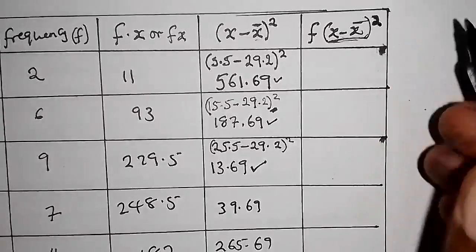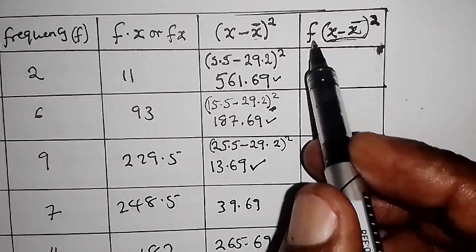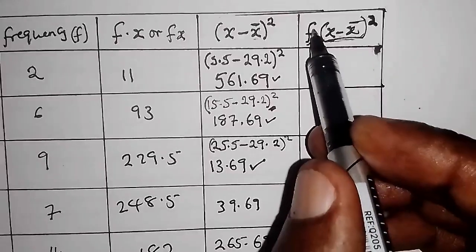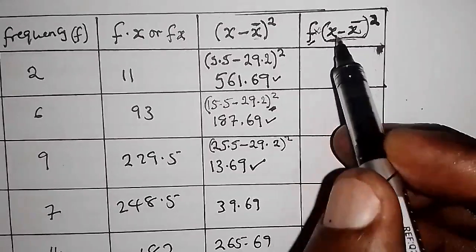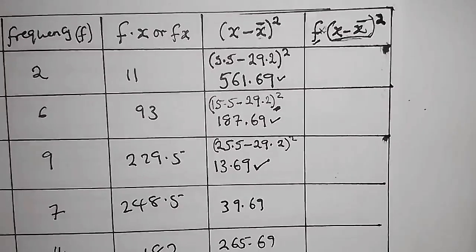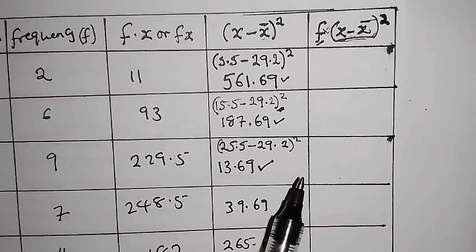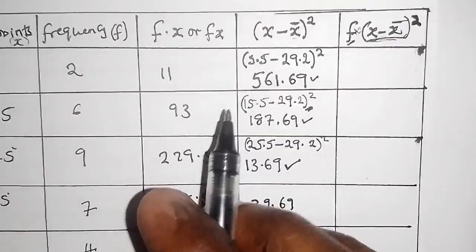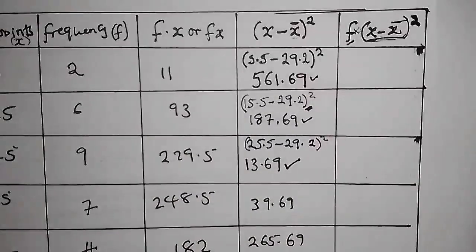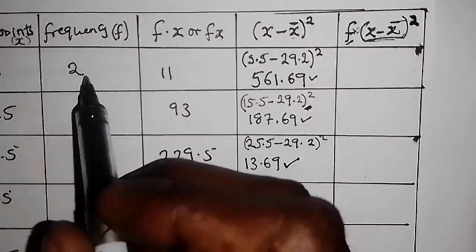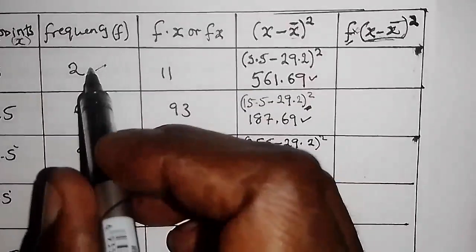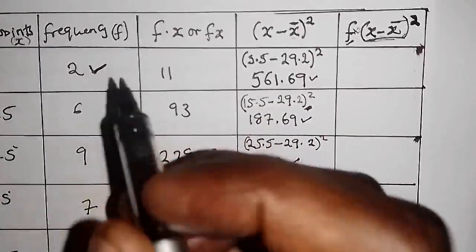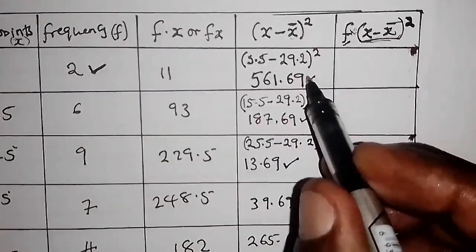So this is f, meaning there is a times there, so f times this one. So you get the frequency, and you start multiplying with these numbers.